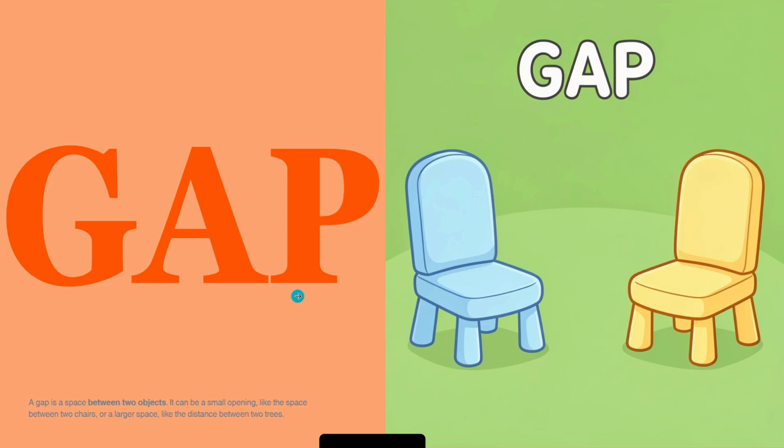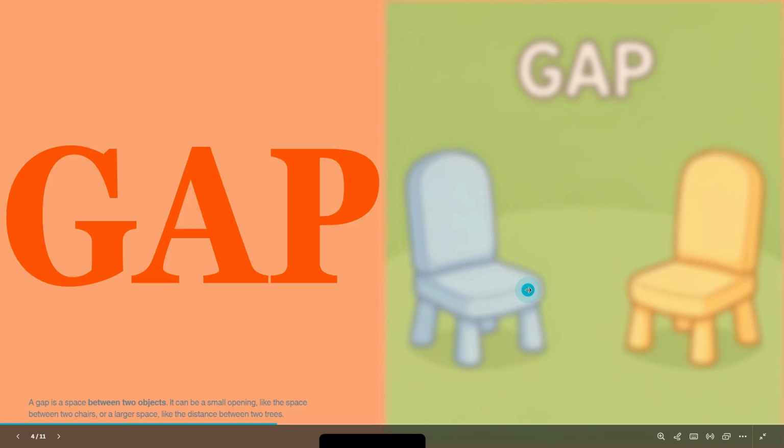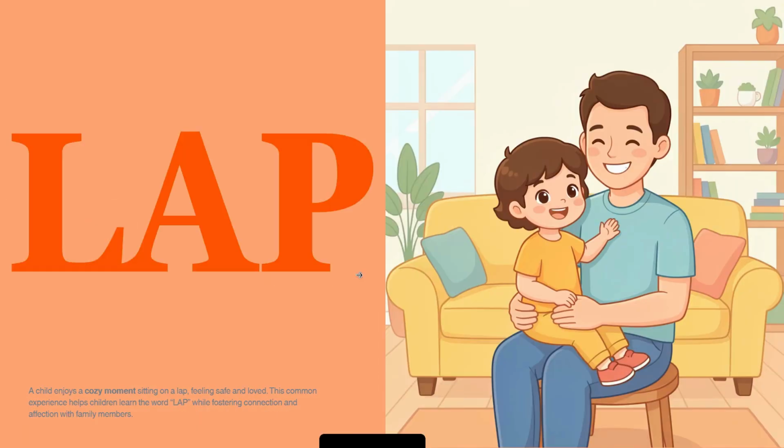Next, this is lap. So the sound is l, the sound of L, the sound of a, the sound of P. So the word is lap.